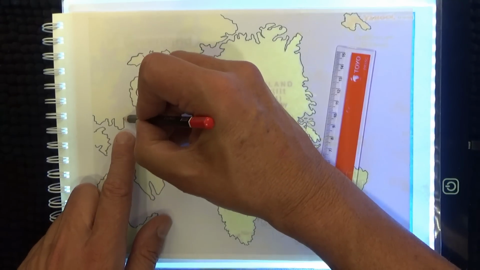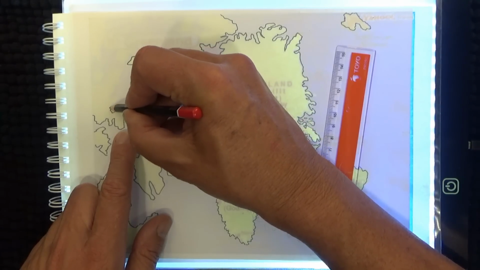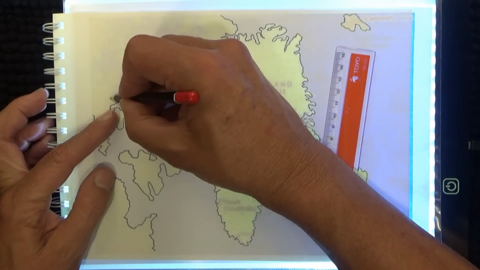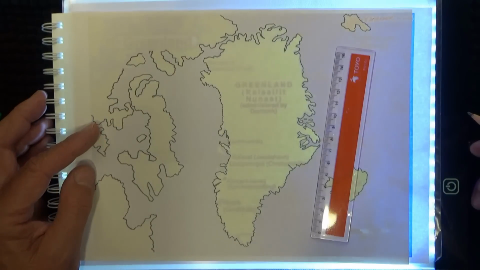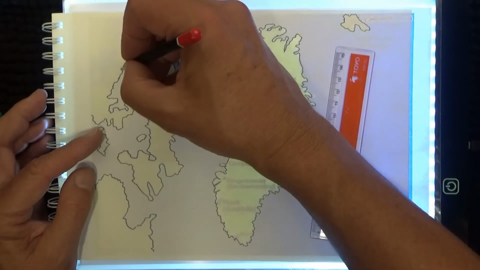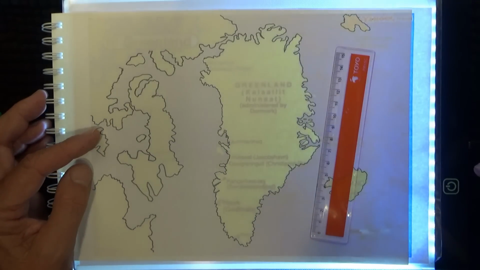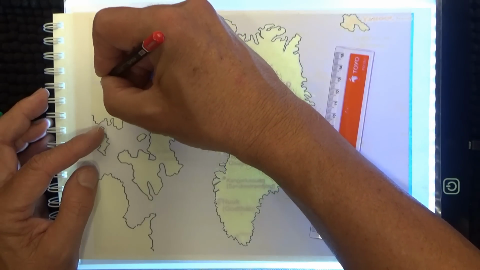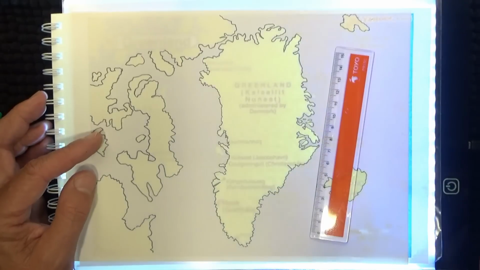It was at one point a colony of Denmark, but over the years they've become a full part of Denmark, and now they're actually an autonomous, what's the word? Autonomous state, which means they have their own home rule. But they're still part of Denmark.